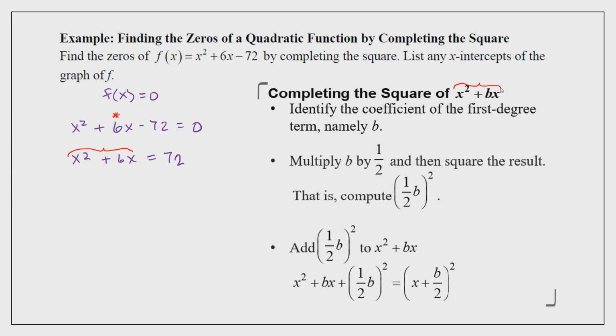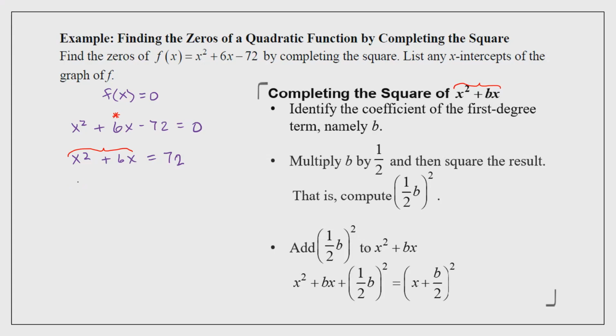It is very important that you move all constant terms to the right-hand side so that the left-hand side has your second degree term and your linear term, so your x squared and your x term. Now that this is separated, we can multiply b by 1/2 and then square the result.